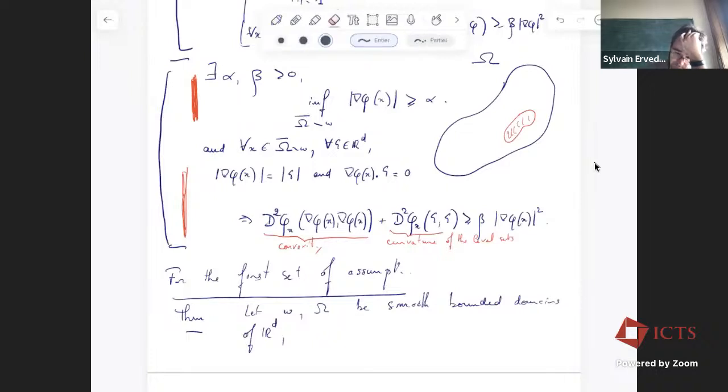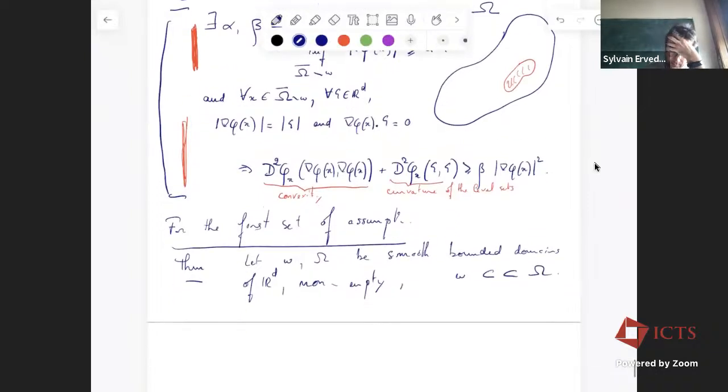Maybe I should say it. And omega strictly included in capital omega, then there exists a function phi which satisfies all the assumptions.